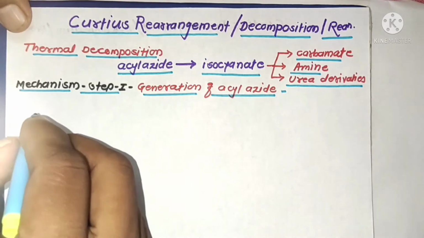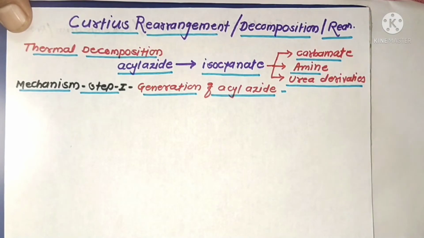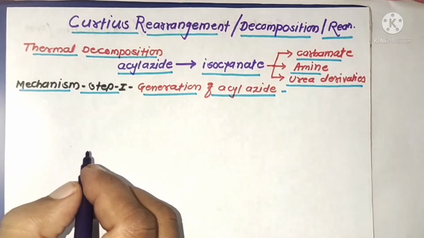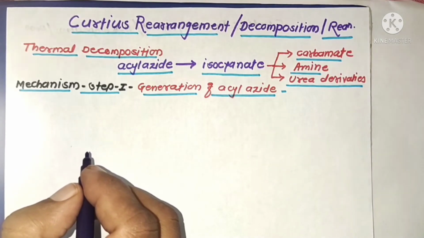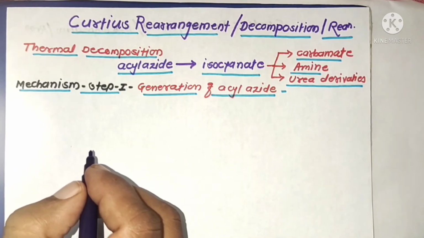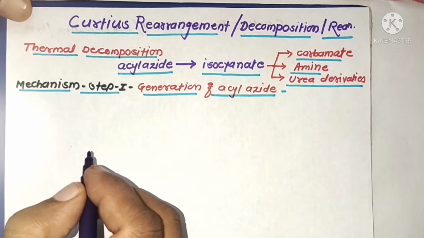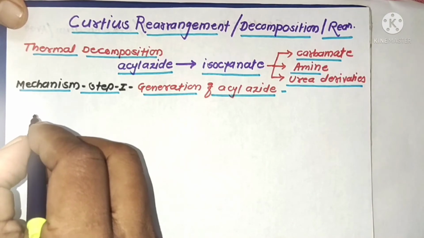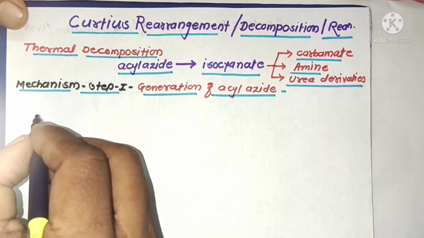Then the isocyanate reacts in the presence of a nucleophile to form different types of products. Now we can explain the first step, that is generation of acyl azide.